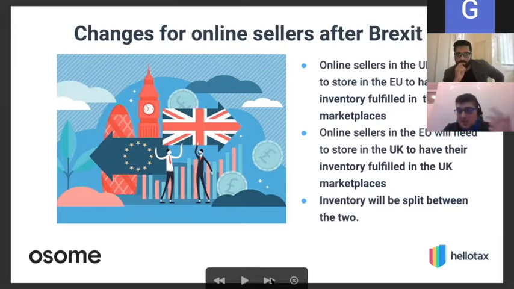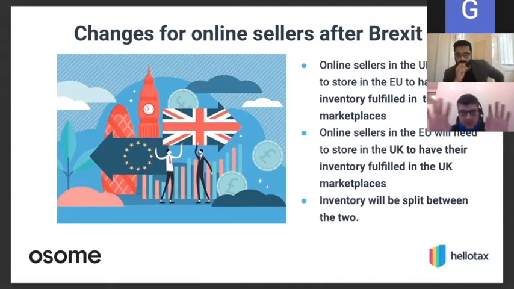And actually, it applies the same way for EU sellers wanting to have the same thing in UK. Both are separated now. There cannot be any goods movements, like Taimur also mentioned. EU and UK are two separate markets.